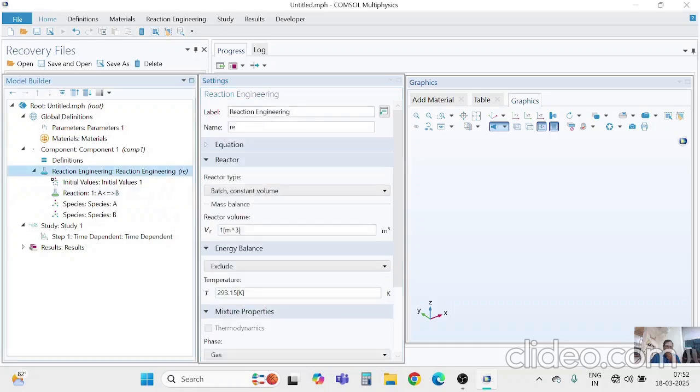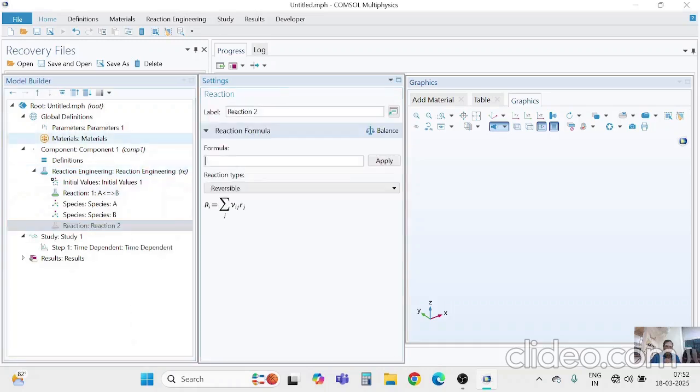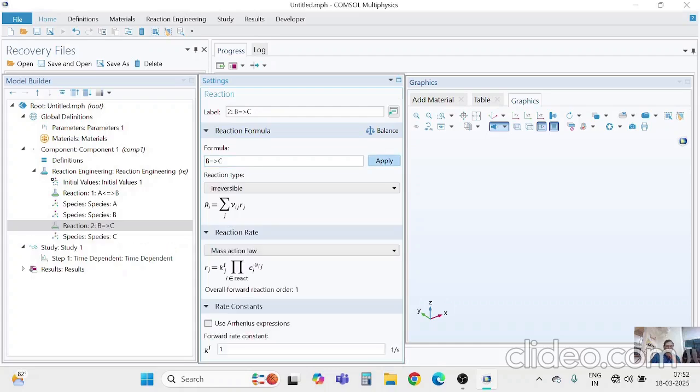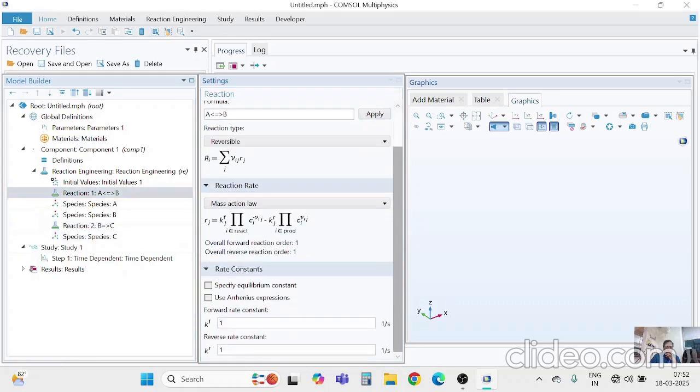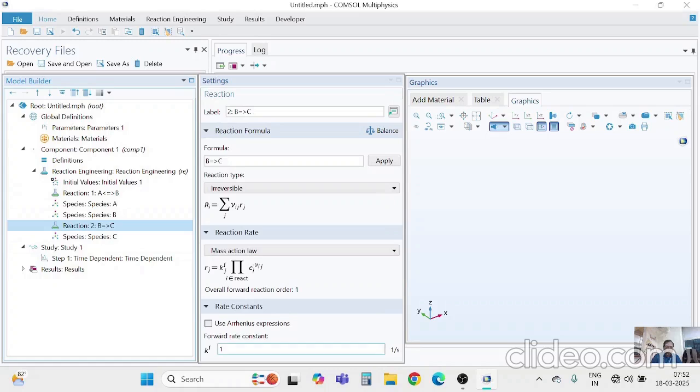Then another reaction is B gives C, apply. Now the rate constant for forward I can assume as 1. The rate constant for an irreversible reaction I assume as 1.5. Now all the conditions are given.